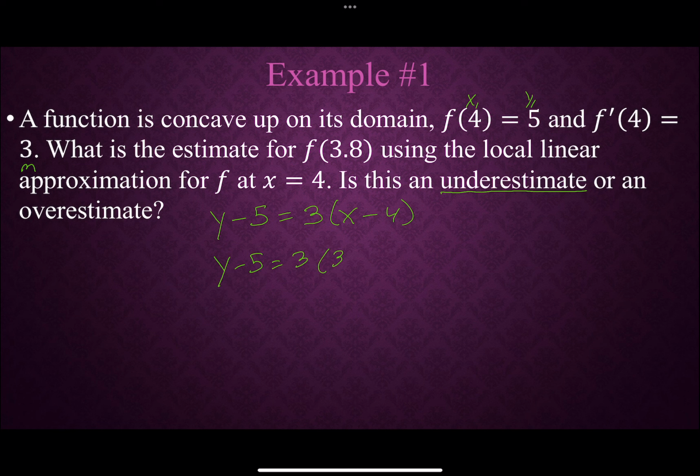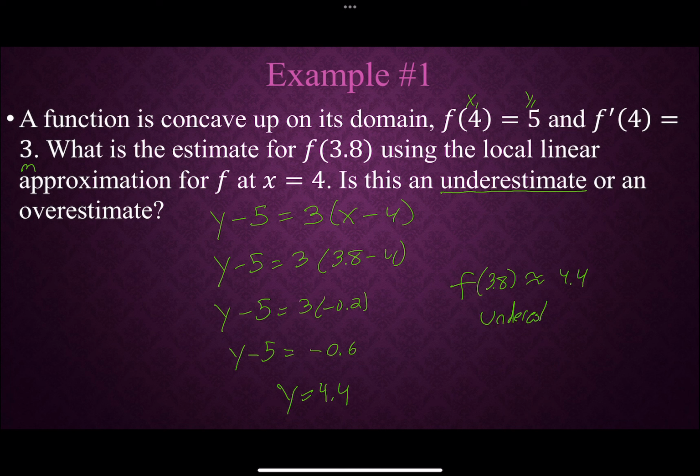So we have 3 times 3.8 minus 4. So we have 3 times a negative 0.2, which gives us a negative 0.6. We add 5 to that. We get 4.4, so f of 3.8 would be approximately 4.4, and this would be an underestimate.